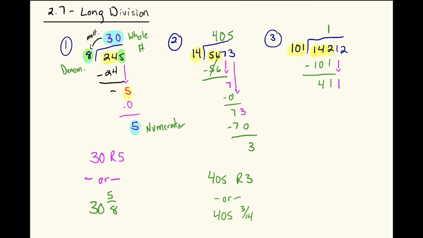and then we immediately drop the next place value down. So now we're asking ourselves, how many times can 101 go into 411? It looks like 101 can go into 411 4 times. 4 times 101 is 404. We subtract that. 411 minus 404 is 7.